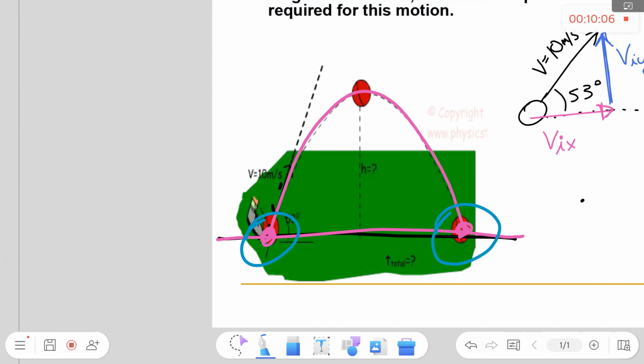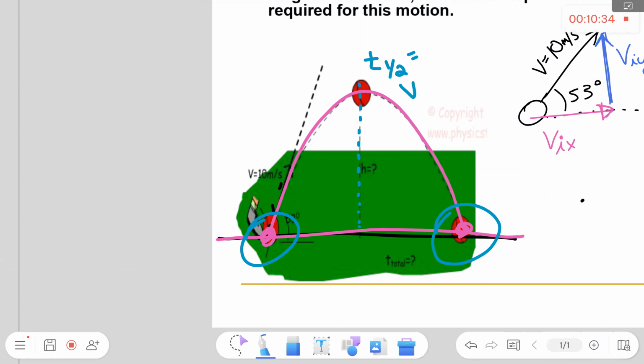However, we can break this problem up into something we can find, and that has to do with this halfway mark. We call that T1 half. Because if I know half the time, what would I do to find the whole time? Double. That's it.